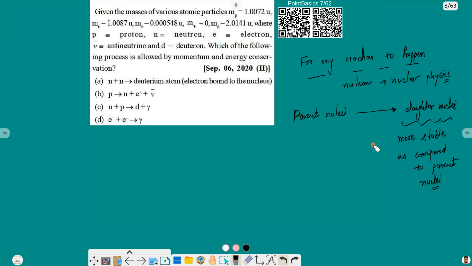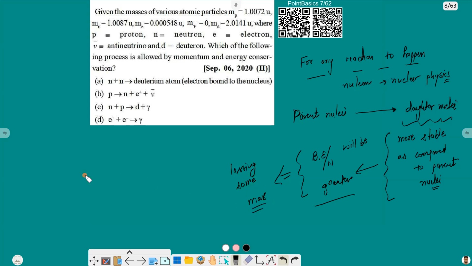Now, what does it mean if they are more stable? It means their binding energy per nucleon will be greater. That is the basic concept. And how will this binding energy per nucleon be greater? That will be achieved by losing some mass.